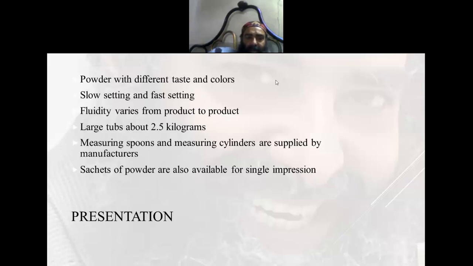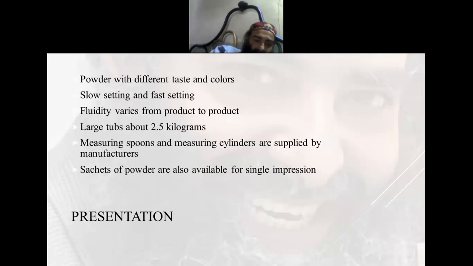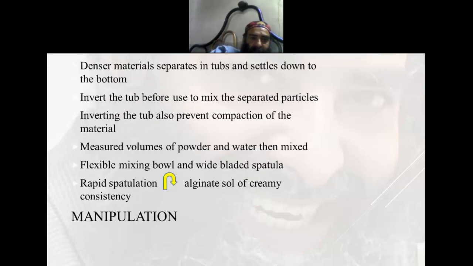In other countries they may be presented in large tubs, but these tubs are not very large. These are about 2.5 kilograms.